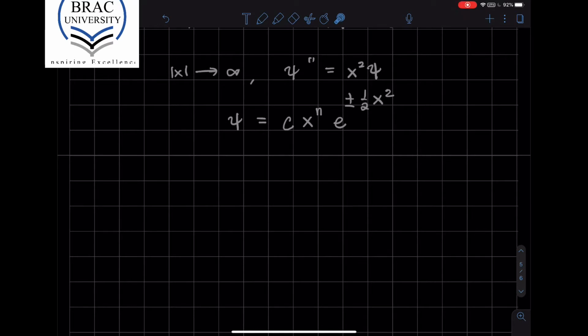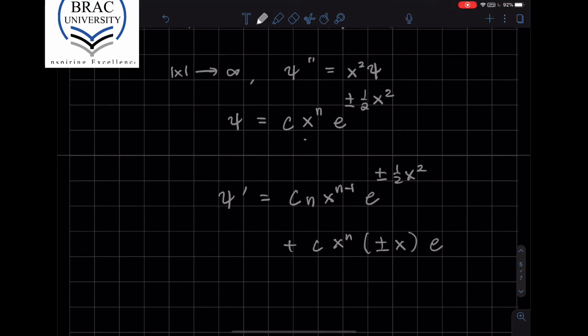If I now take the first derivative of psi, psi prime is going to be c times n x to the power n minus 1, from taking the derivative of this factor, times e to the power plus or minus half of x squared, and then we have c x to the power n, and plus or minus x from taking the derivative of the exponential, times the exponential.